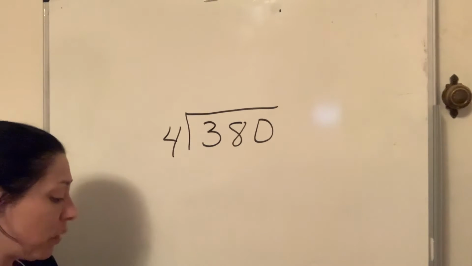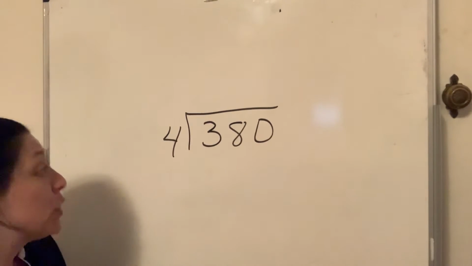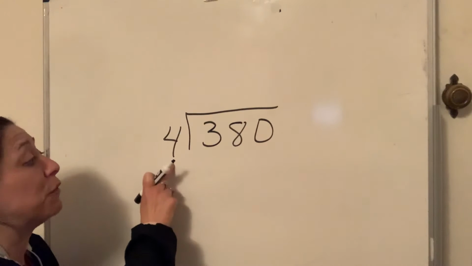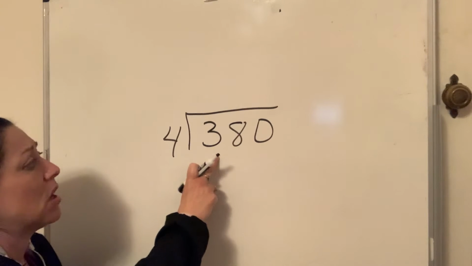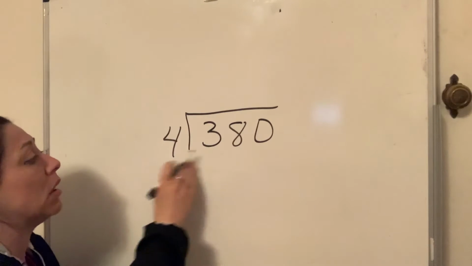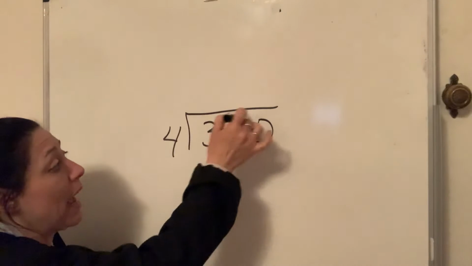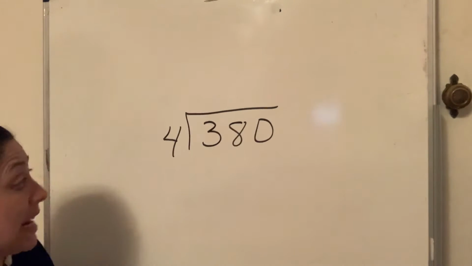So I'm going to divide like we have been dividing. I'm just going to say to myself, how many times will 4 go into 3? Oh, wait a minute. 3 is smaller than 4. So I remember that now I have to use this 3 in combination with the 8.